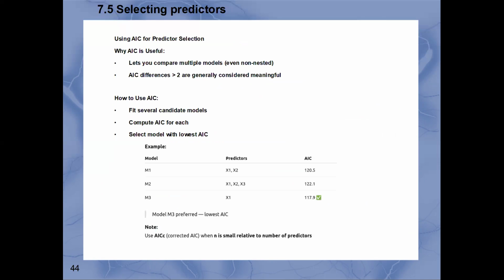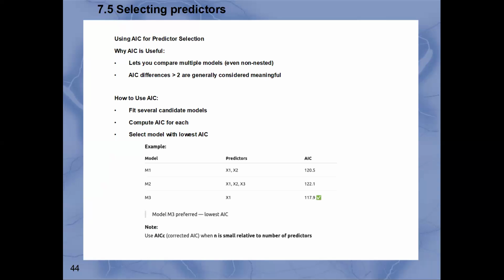So using AIC for predictor selection, it lets you compare multiple models, and if the AIC differences are greater than 2, then that's generally considered meaningful. So how to use it? We fit several candidate models, and then we compute AIC for each model.